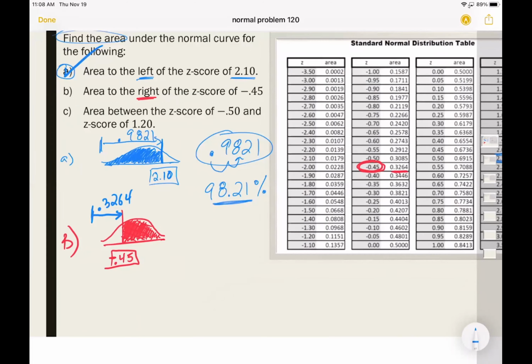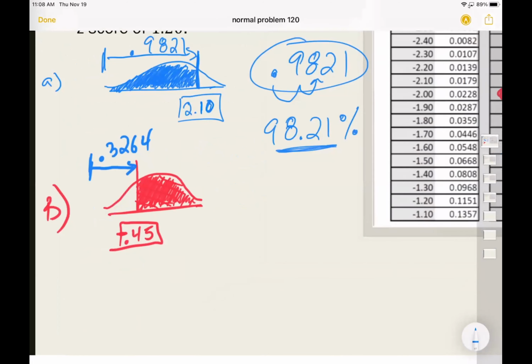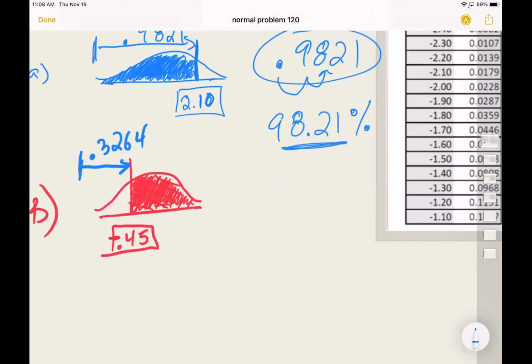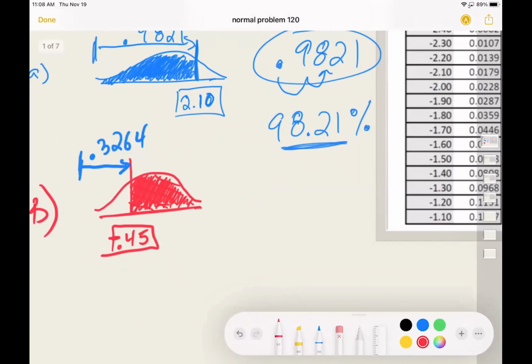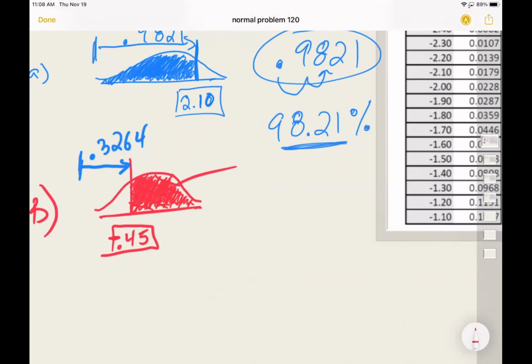So if you remember, what do we do? If the table tells us that the area is to the left, and I'm looking for the area to the right, well, this is what I told you guys, that if we're looking for an area to the right, we need to take 1 minus the area to the left. We need to take 1 minus this item.